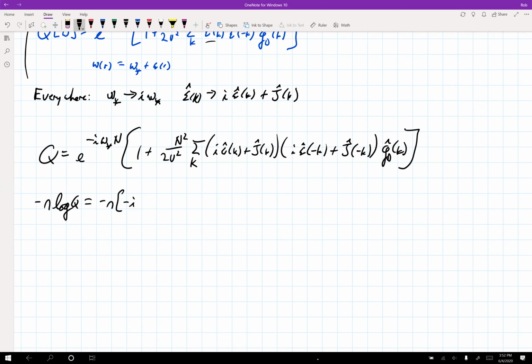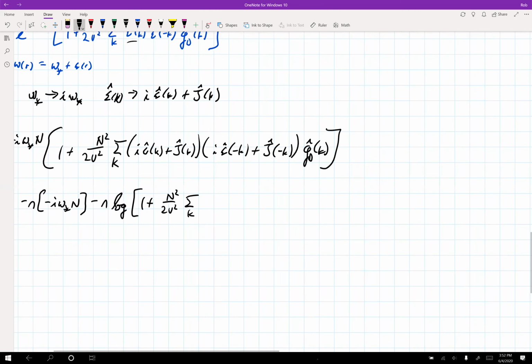So then we have minus I W star n, that comes from the first exponential, and then minus n log of 1 plus n squared over 2v squared, sum over k, and then all of this stuff. I'm just going to use carets to indicate that it's the stuff above, that term and the Debye function, just so that we don't have to write it all out again.